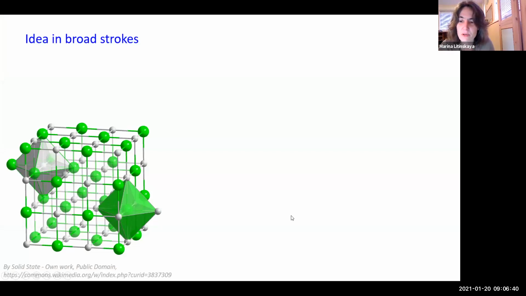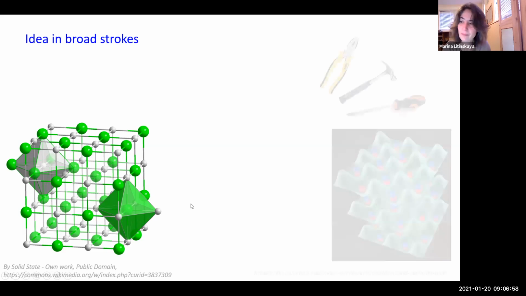The talk consists of three parts. The introduction to the first part in large strokes is here. We know a lot about solid crystals, right? We know about quasiparticles that live in them, etc. So we have some knowledge.